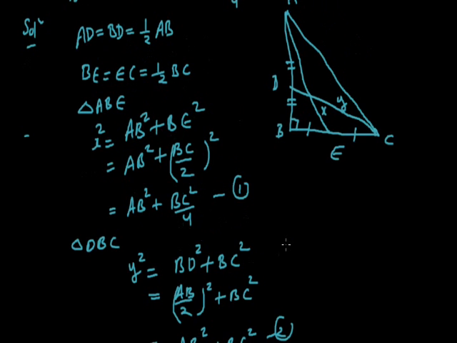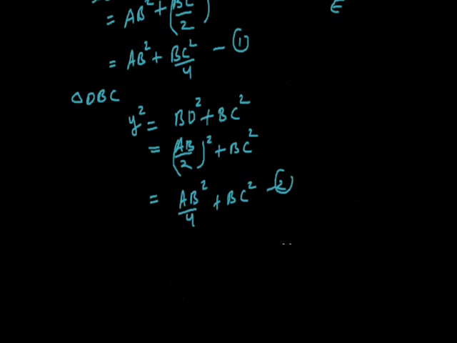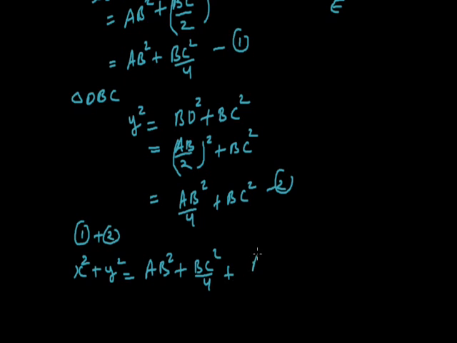According to what is given, we have to prove X square plus Y square. So we have to add these two equations 1 and 2. We get X square plus Y square is equal to AB square plus BC square by 4 plus AB square by 4 plus BC square.